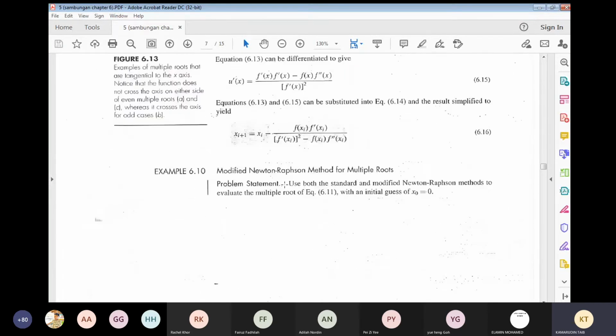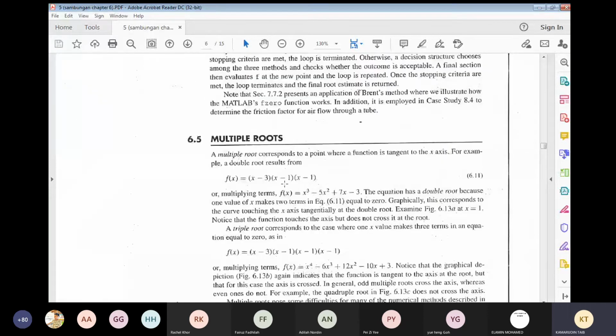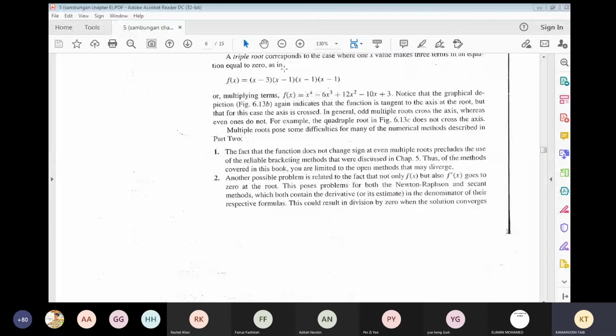So the modified equation for Newton-Raphson is given as follows. A multiple root corresponds to a point where the function is tangent to the x-axis. For example, a double root results from f(x) equal (x minus 3)(x minus 1)(x minus 1), which will have x equivalent to 3 and x equivalent to 1 twice. Let's call it a double root.